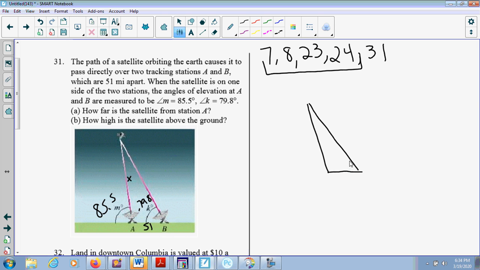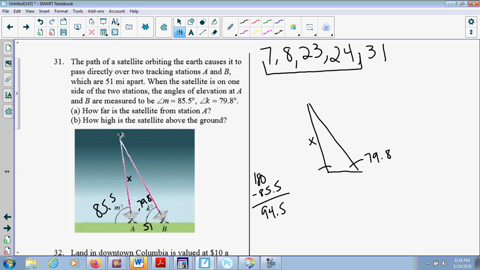Okay, so I know this is 79.8. I'm looking for X, and they tell us this exterior angle, but we want the interior one. Since it's a straight line, we need to subtract from 180, so we have to do the 180 minus 85.5, and that is 94.5.